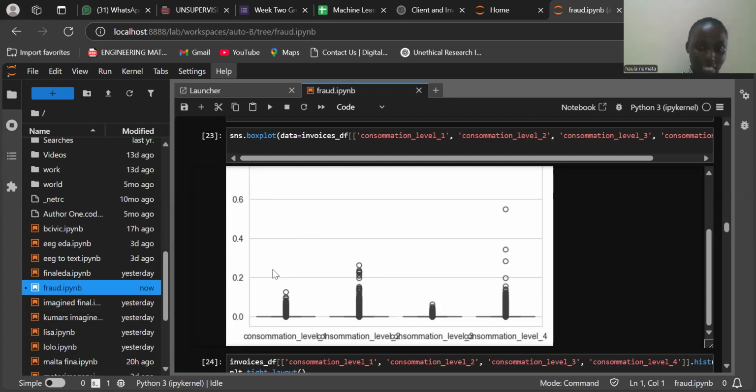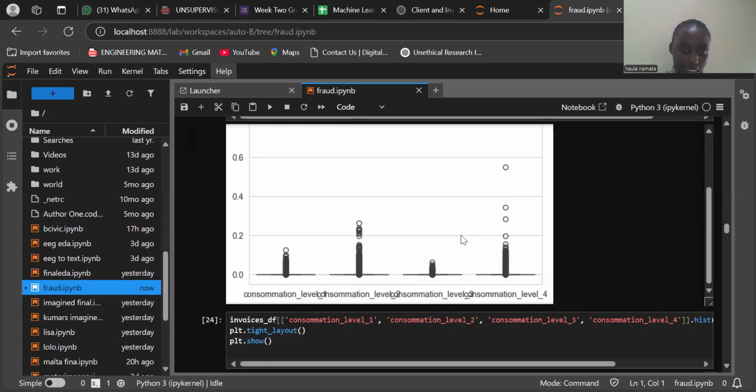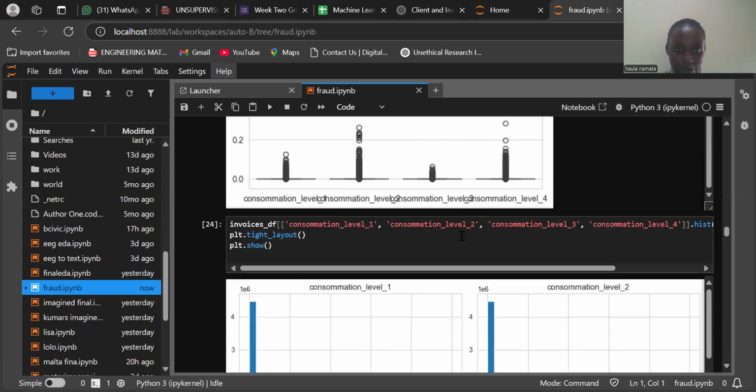Then level 3 has the lowest median and the smallest interquartile range, so it implies the smallest level of consumption. And level 4 has a consistent mean and a fair interquartile range, and this indicates a high level of consumption.